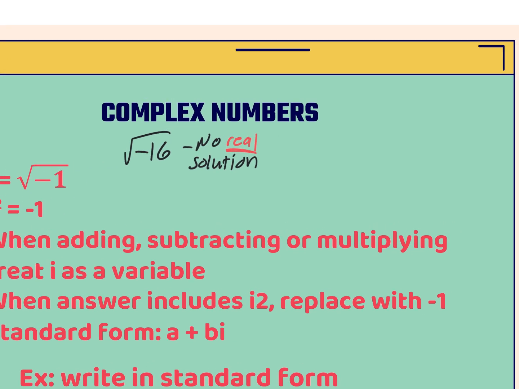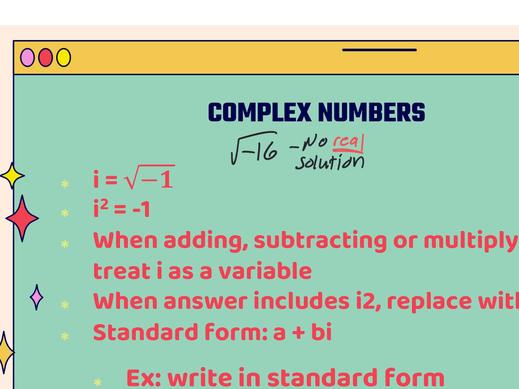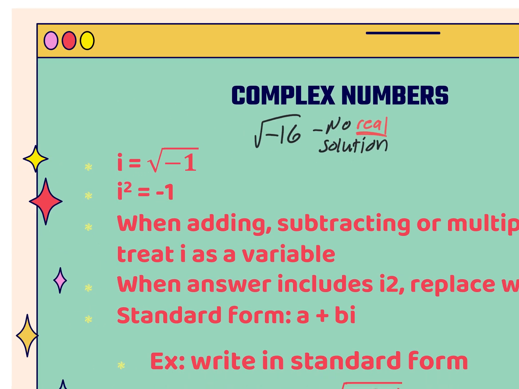But a natural development to real numbers is a concept that we call imaginary numbers. So you see an i over here, and we have i equals the square root of negative 1. This is something that we call the imaginary unit. And it sounds made up, it sounds fake, it might not make sense at first.